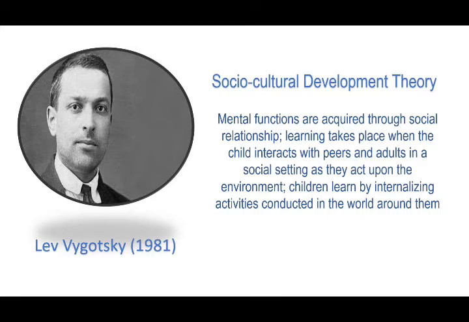More importantly, class, more knowledgeable others, such as older siblings, more knowledgeable peers, and parents now play a major role in the child's development. So they are the ones who mediate or facilitate the learning of the child. So through interacting with these more knowledgeable others, children are able to put meaning in their day-to-day experiences.